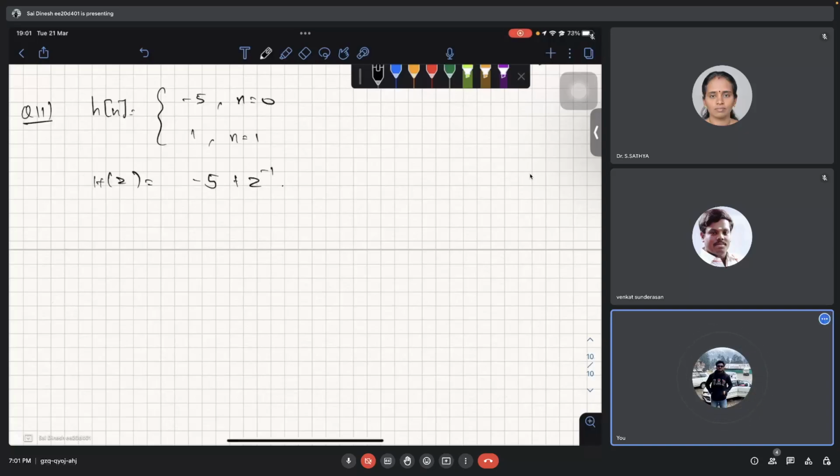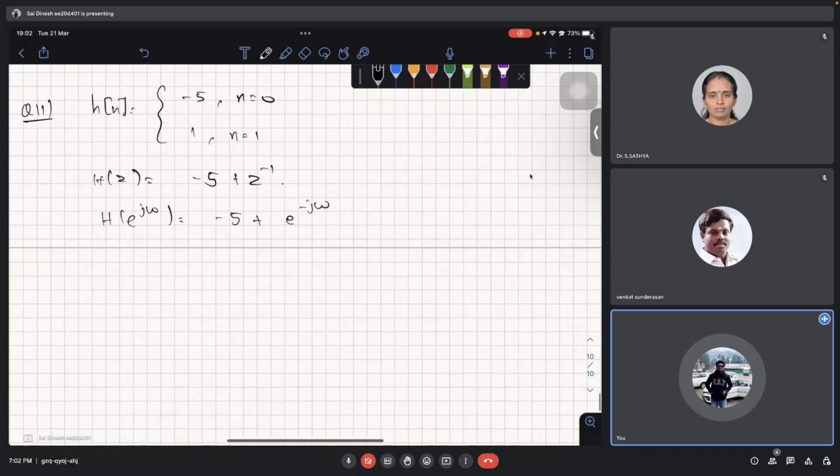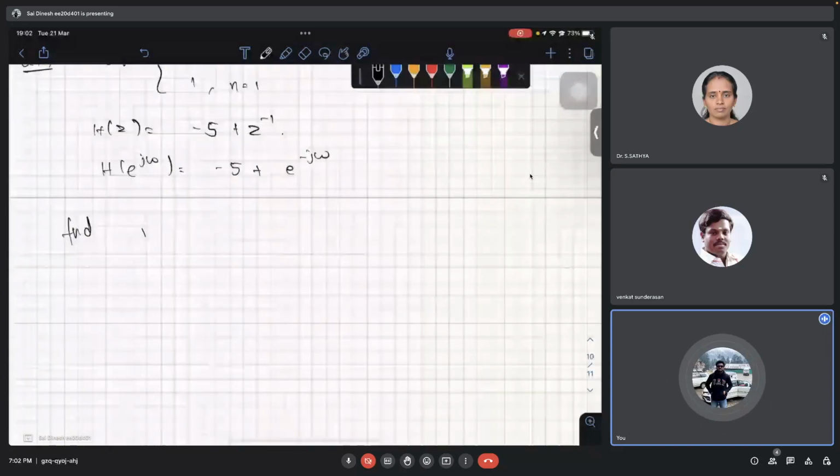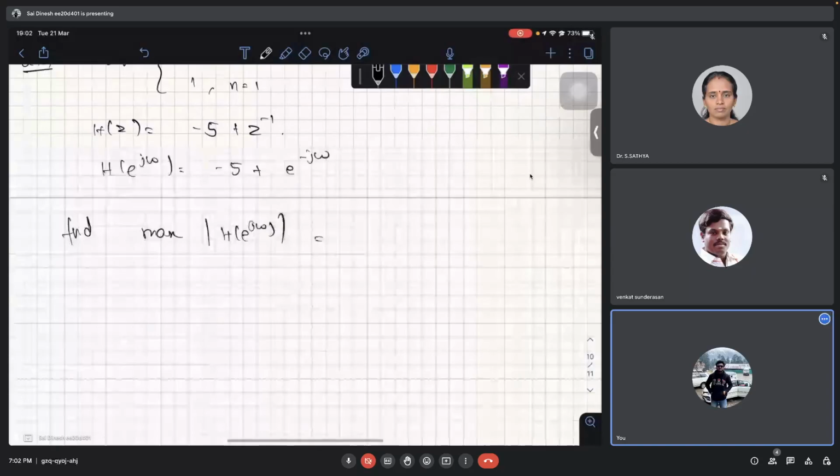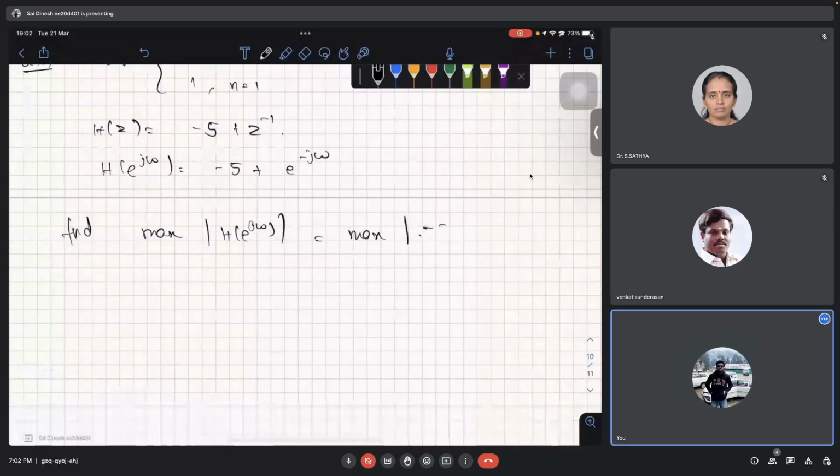And then find h e power j omega, which will be -5 plus e power minus j omega. Find the maximum of h e power j omega, which is the maximum of -5 plus e power minus j omega.